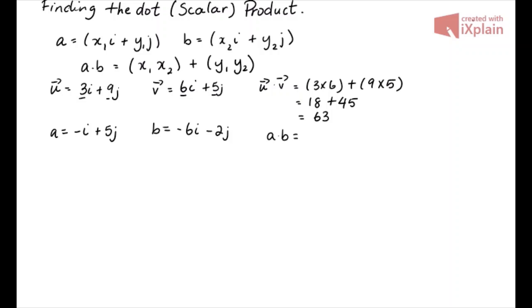A dot B would be negative 1 times negative 6 plus 5 times negative 2, and that would be positive 6 plus negative 10, which is negative 4. So this is how you do the dot product when you are given your vectors in the ij form. It can also be used if it's in the column form. It's the same. X's, coefficients of i's, multiplied together and added to the product of the y's.